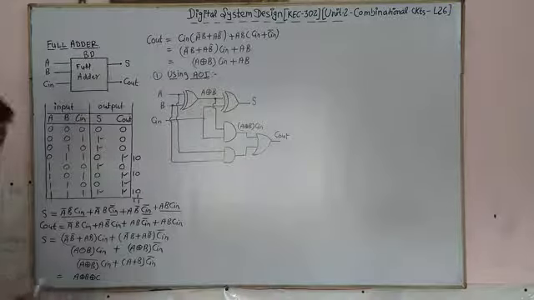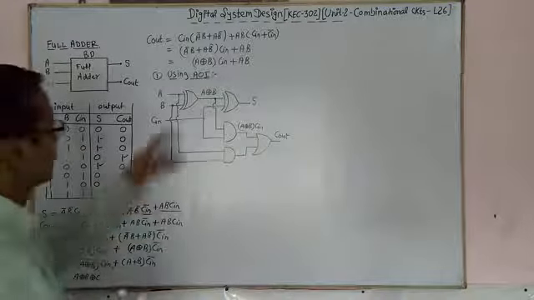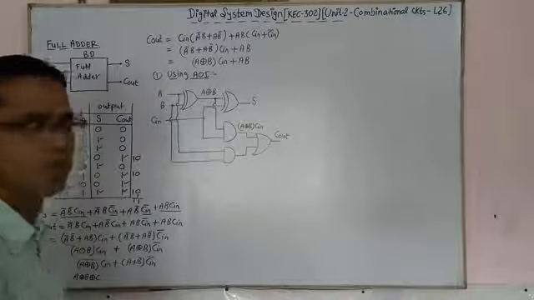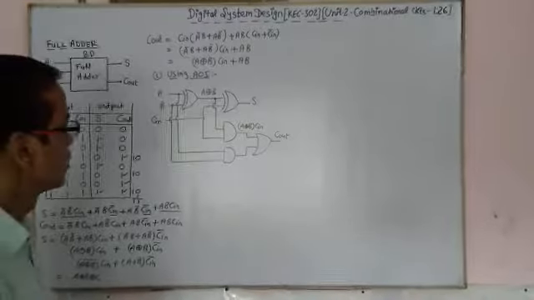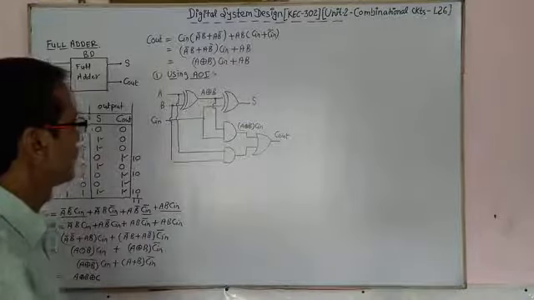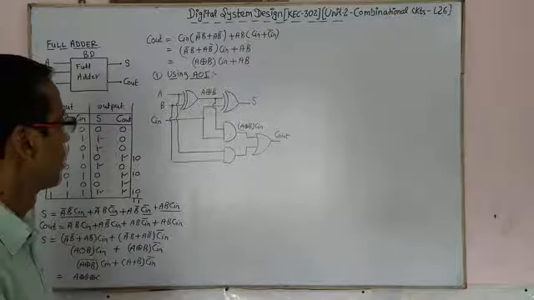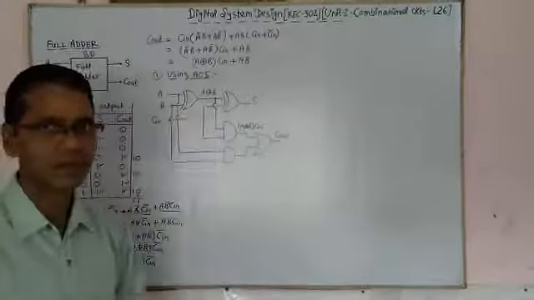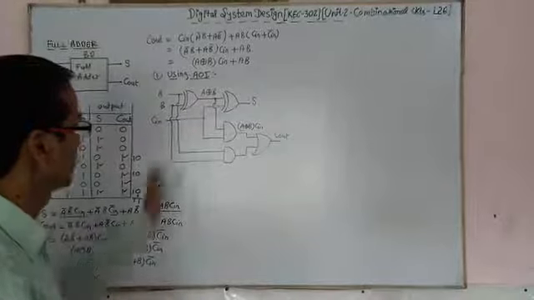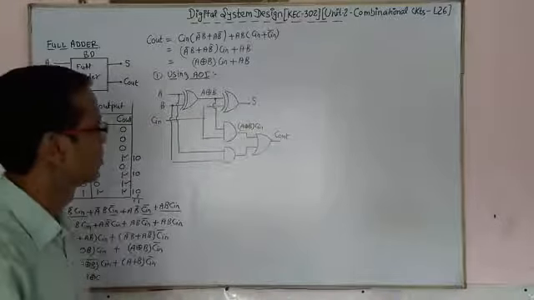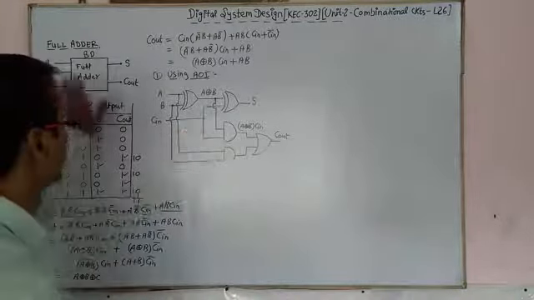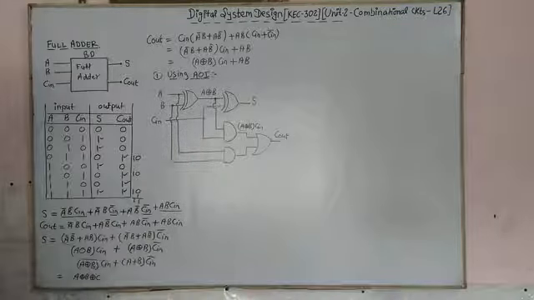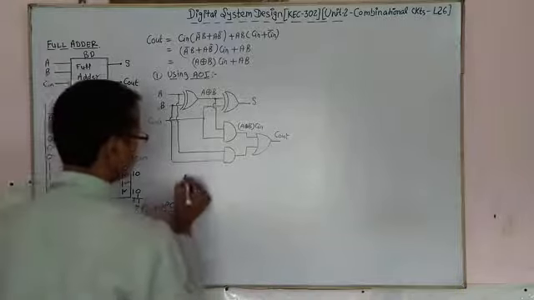Okay, so this is the basic gate implementation of full adder. Okay, so in this I think you have no doubt how we are designing using AND, OR, inverter. Okay, how we are designing using basic gates. So this is the implementation of this full adder. Okay, after that we will discuss this using NAND gate.